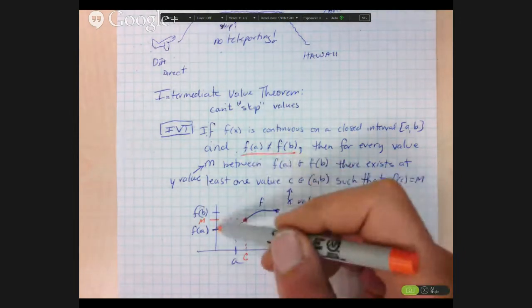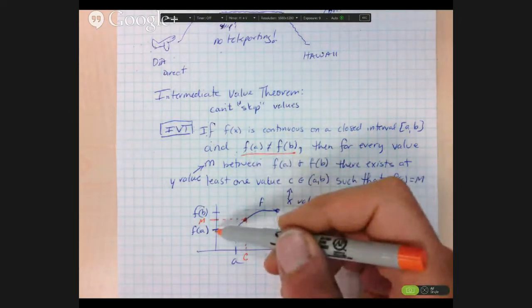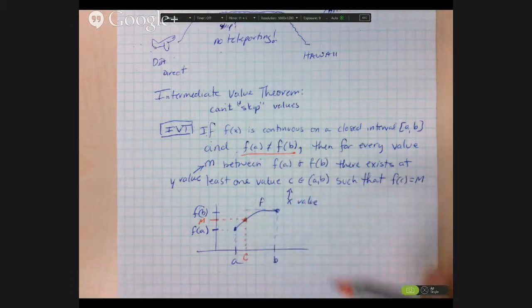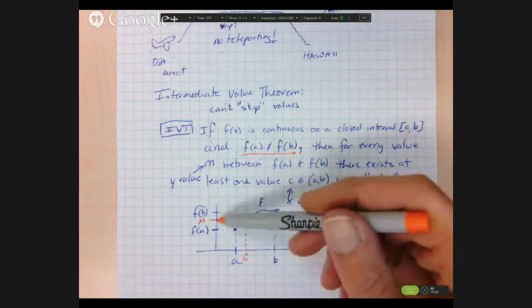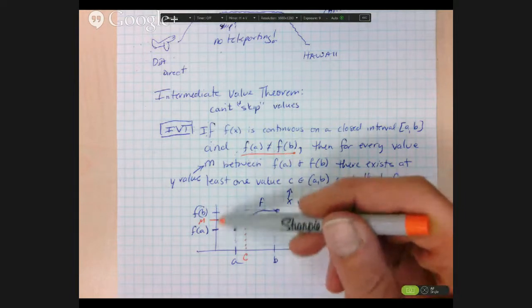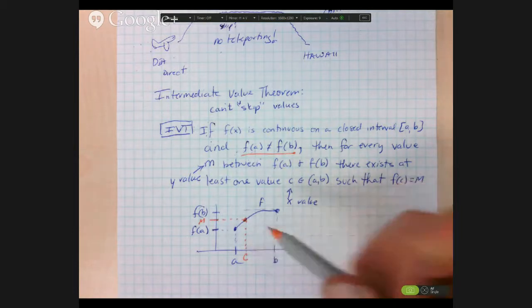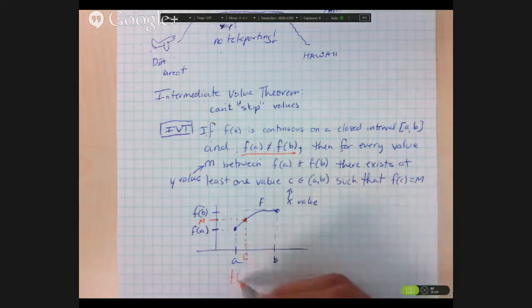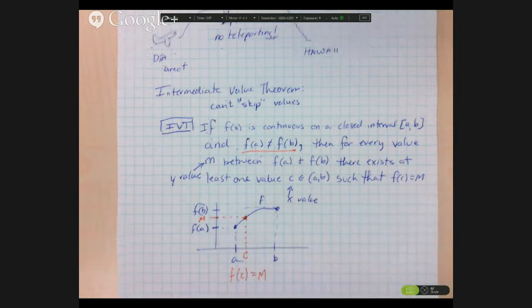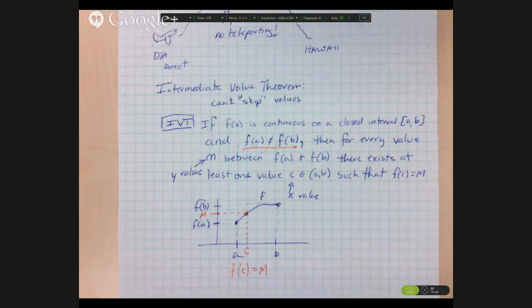Those can't be the same point. If they were, there would be nothing in between them. For every value m that's between these two, it's a y value, there exists a c between a and b, and then f of c equals m. That's what that theorem says. So basically, you're finding an x and a y that match after you plug the x into the function.